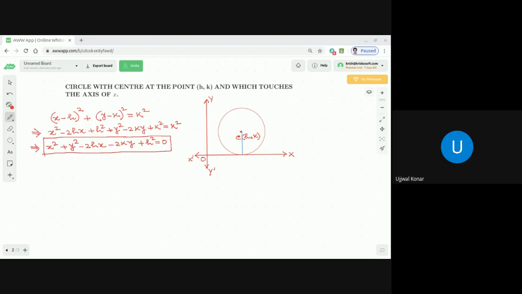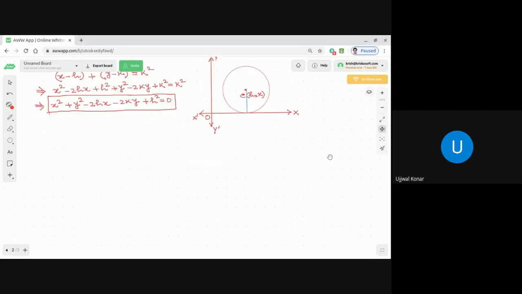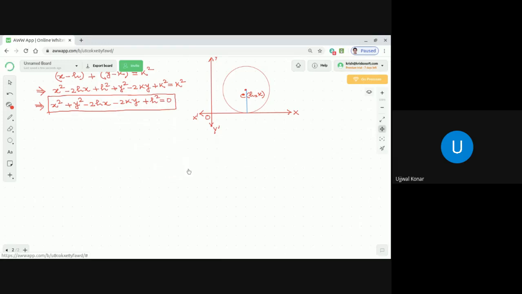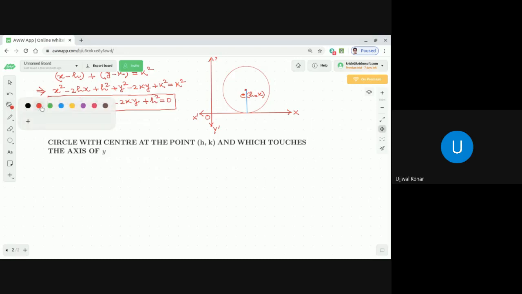It is going to be in a similar manner, right? But still, let me show you how it will look. So here the point of discussion is the circle with center at the point h comma k which touches the axis of y. Let me first construct the circle and give a visual representation.